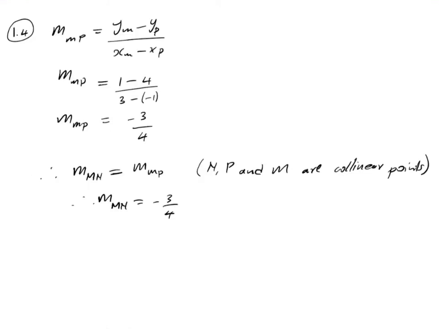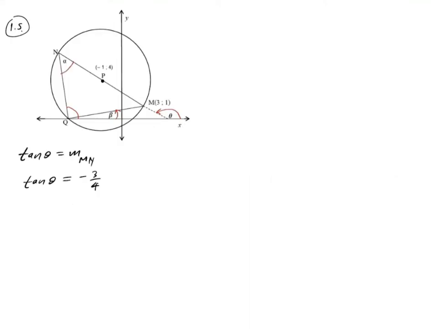We've calculated the gradient of MN, which is negative 3 over 4. So now we say shift tan. You get the reference angle, which is the same as shift tan of minus 3 over 4.